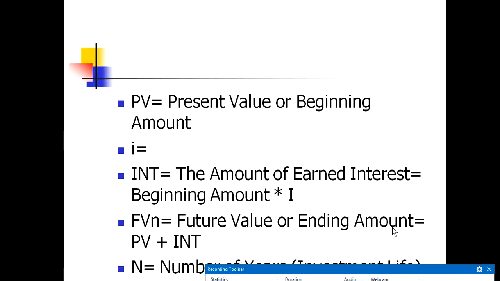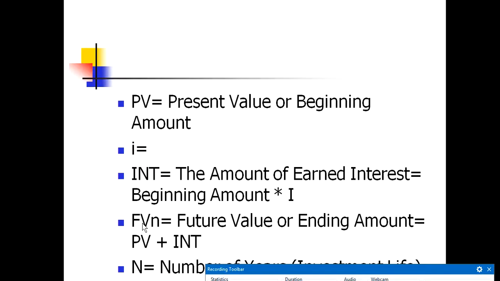And here there is important terminology which you have to know in order to understand the concept of time value of money. The PV, which is the present value or the beginning amount, the I symbol, which is the rate of interest, and the INT, which is the amount of earned interest, and it can be calculated by multiplying the beginning amount by the rate of interest.